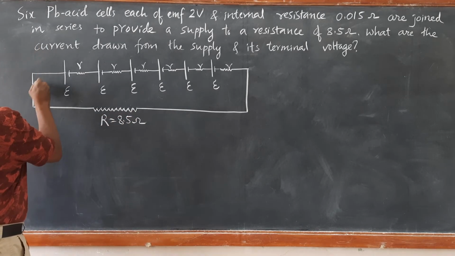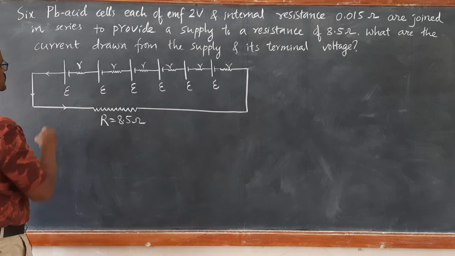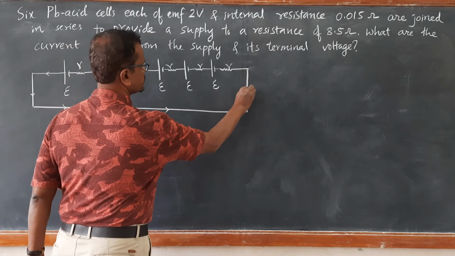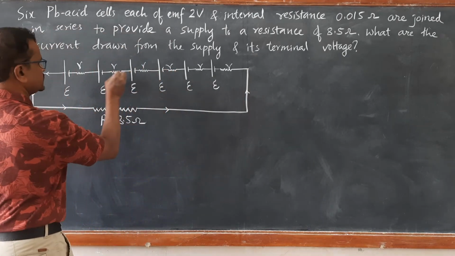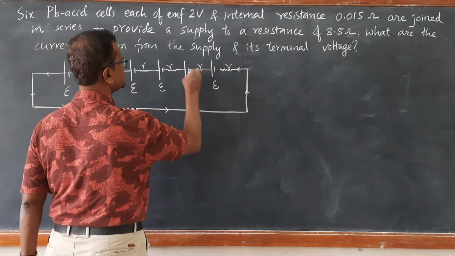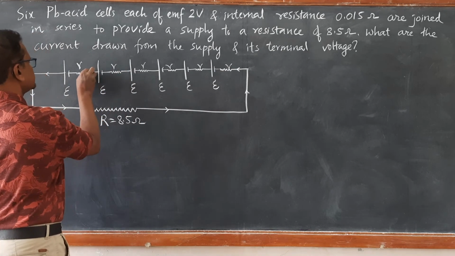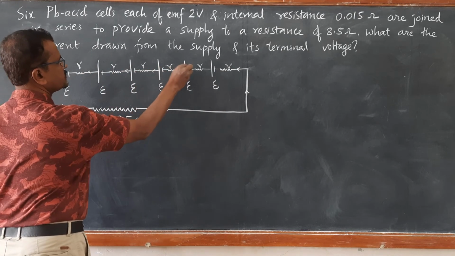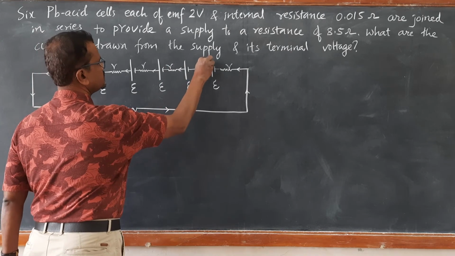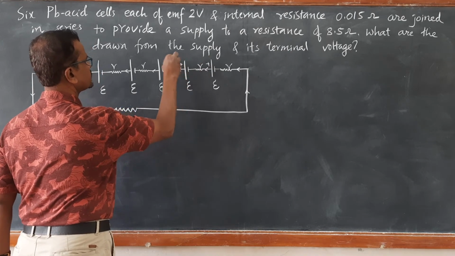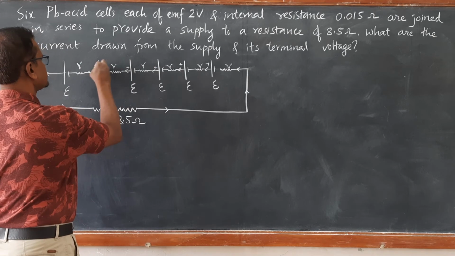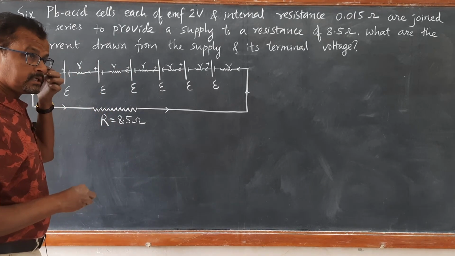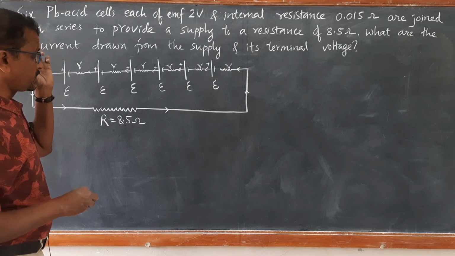So you can see, if you close the circuit, this is how the current is drawn from the series combination, and everywhere the current is in the same direction. From each cell the current is flowing from the positive terminal, right? So there is no question of reversal of polarity here.